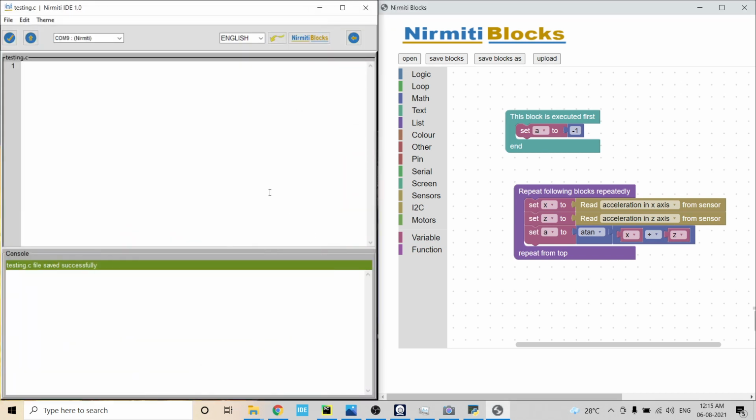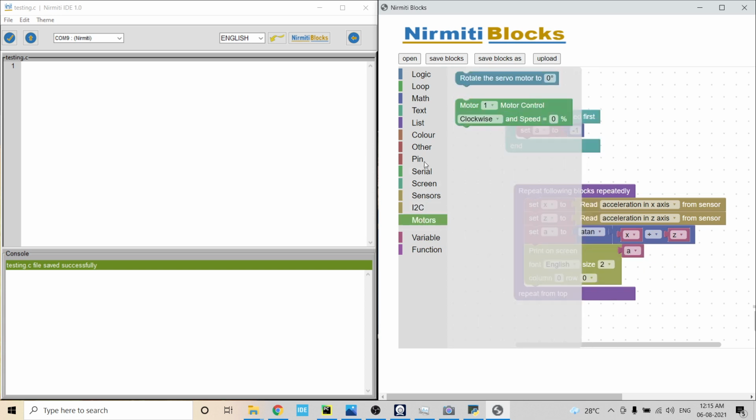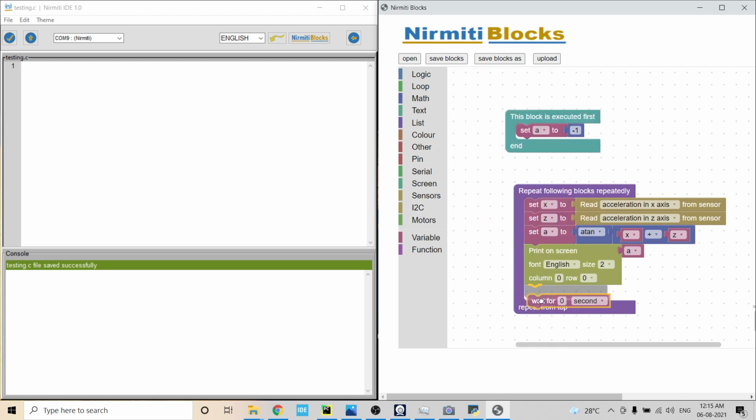Then we need to print this A on the screen. Print in English font, with size 2, and print A. Then we will take a reading per 0.5 second, and then we will erase the previous reading.